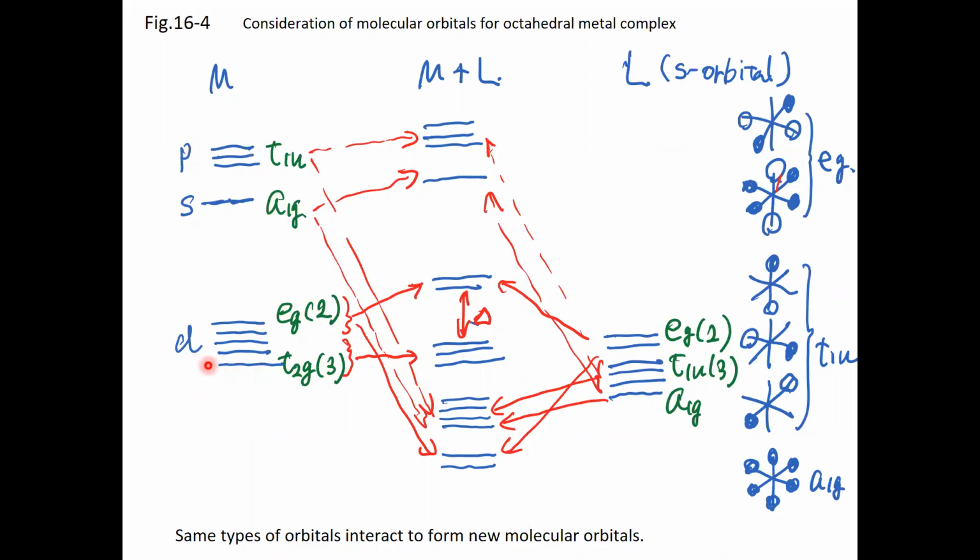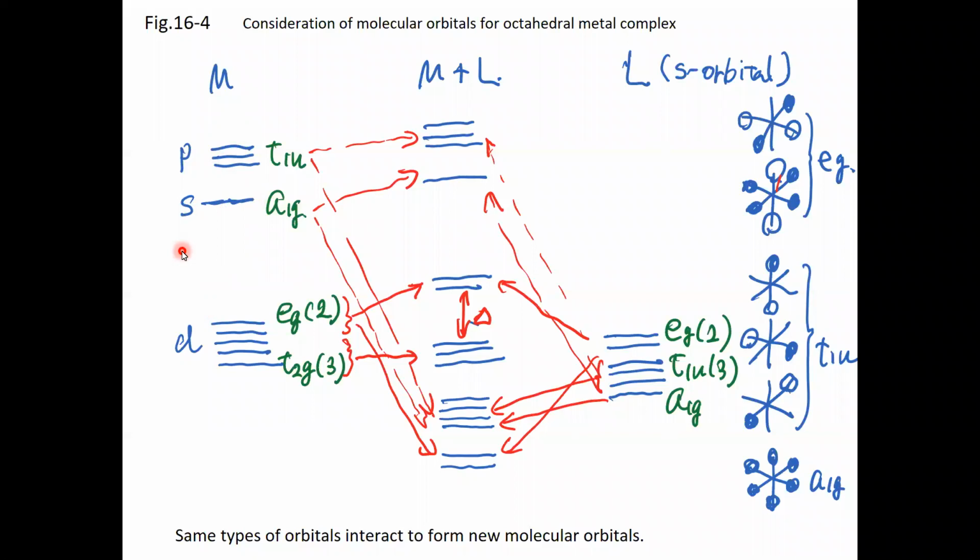Since the metal has electrons occupying the d orbitals, which has 5 orbitals, as I mentioned: dxy, yz, zx, x squared minus y squared, and dz squared. And then the higher energy levels of the s orbital and p orbital, I showed here. The reason will be clear later on.